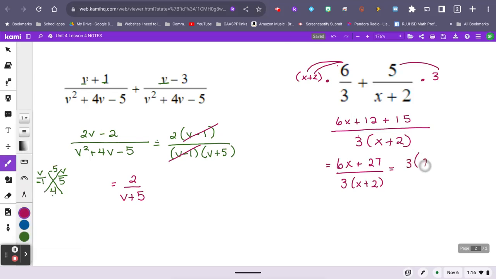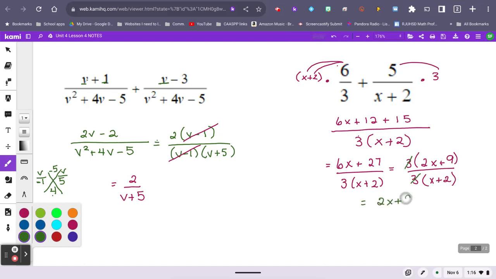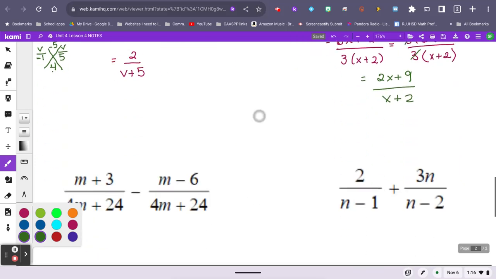And so we're going to get 2x plus 9 over 3x plus 2. We can cross off the 3's, and we have our answer going to be 2x plus 9 over x plus 2. All right, let's go on to the next one.